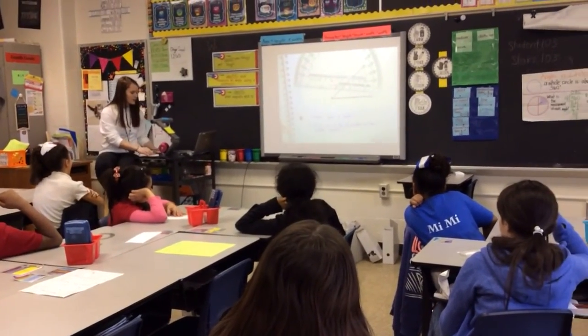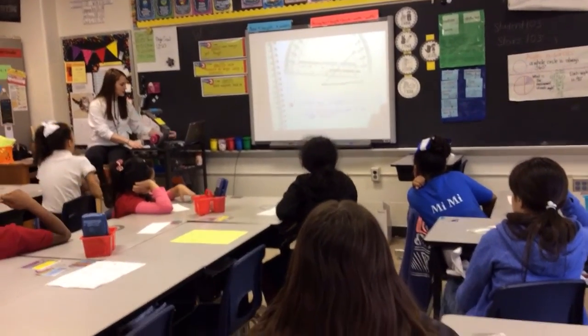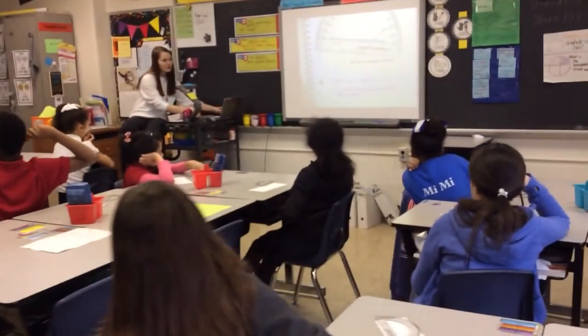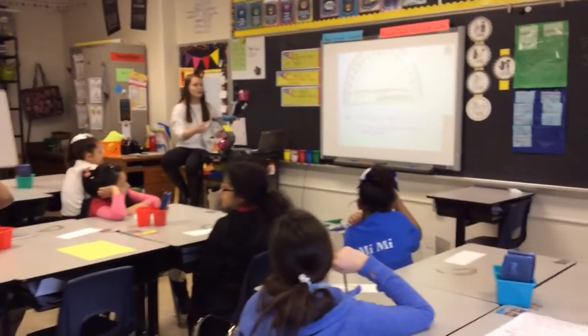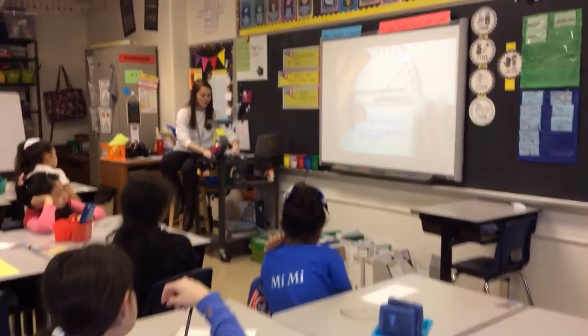So the first question, what type of angle is it? And then the second question, do I look at the top number or the bottom number? So they're right here underneath my protractor.